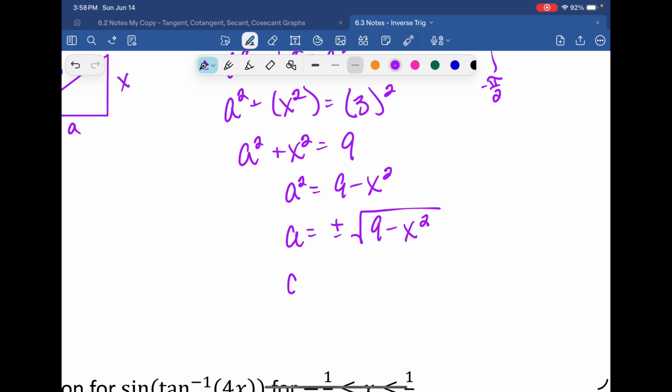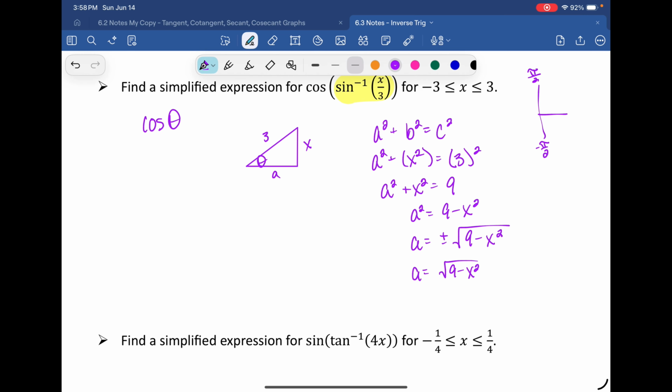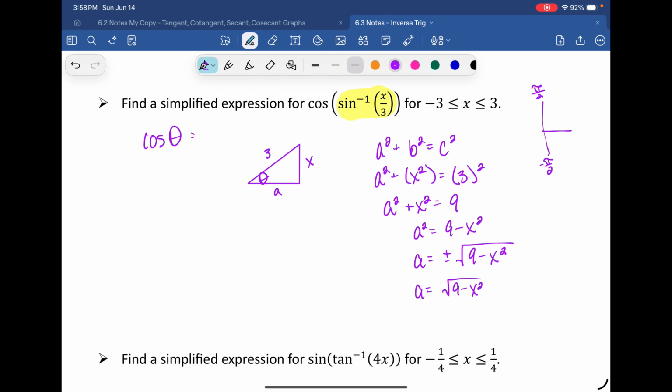So a has to be the positive square root of 9 minus x squared. So then the cosine is the positive square root of 9 minus x squared over 3.